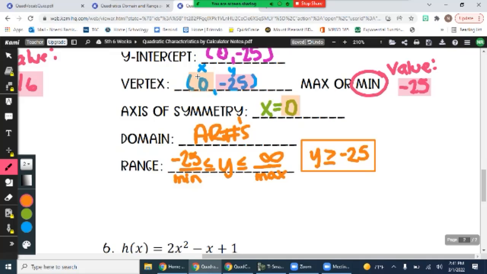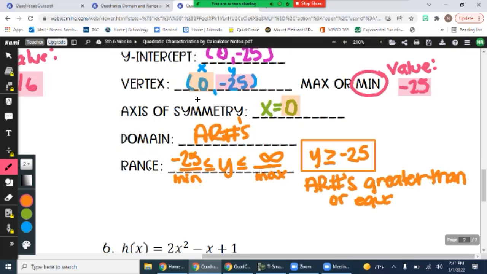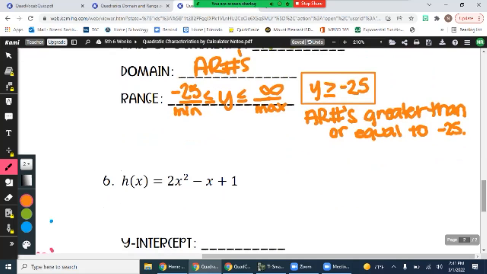And how would I write this in sentence form? Correct. All real numbers greater than, we flipped it so it became greater than or equal to negative 25. Yeah.